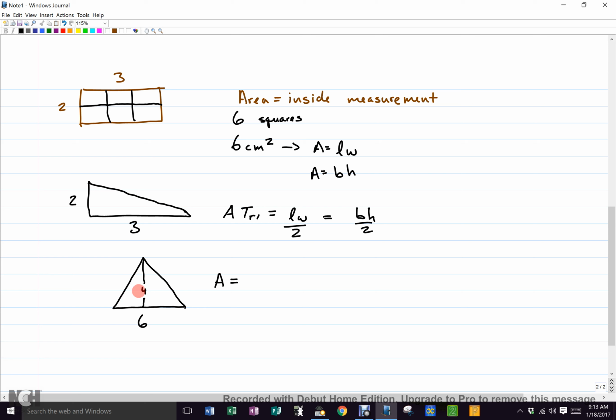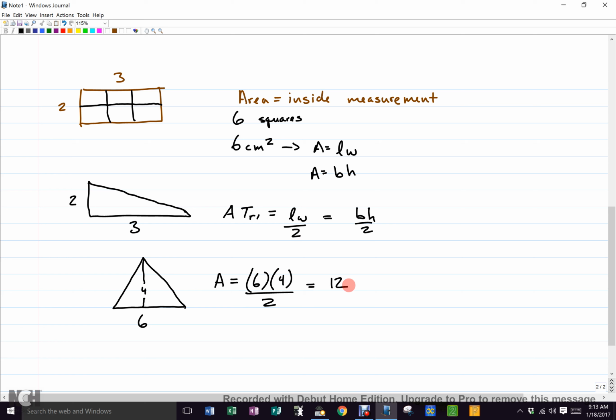This is telling you the height of the triangle is 4. What's the area? You've got it right here. What's the base? 4 and 6. What's the height? 4. Divided by 2. What is it? 12. Is everybody good? It's easy, right?